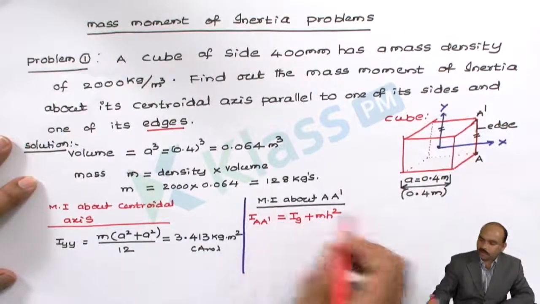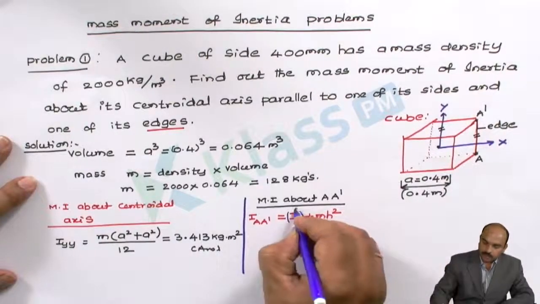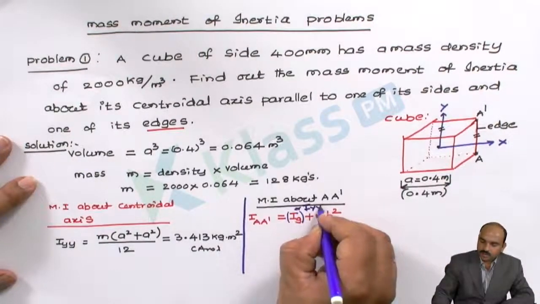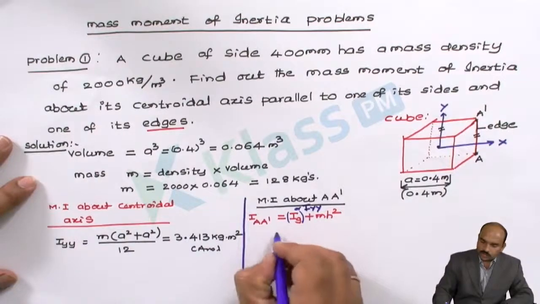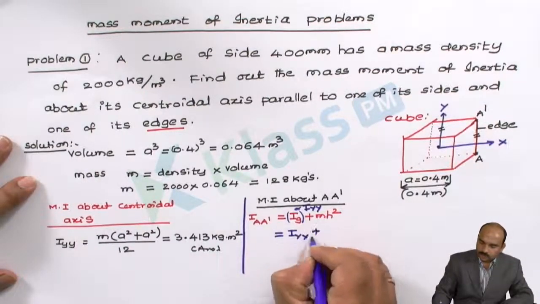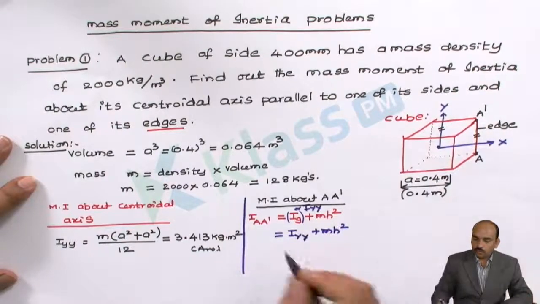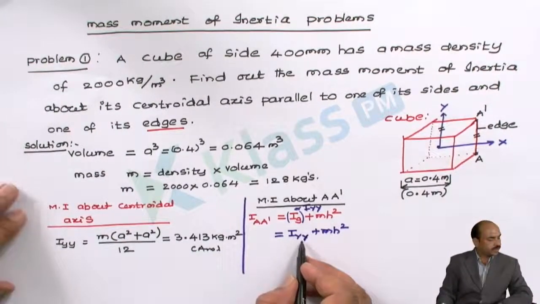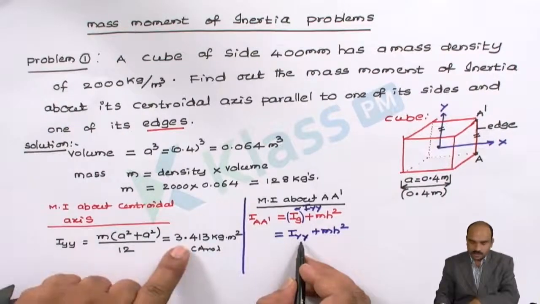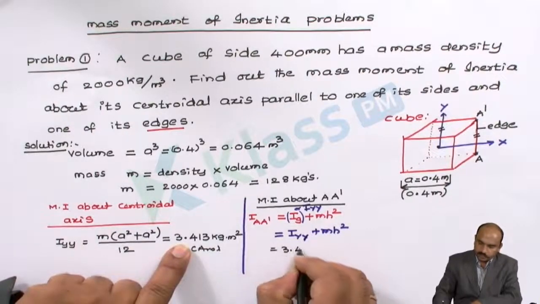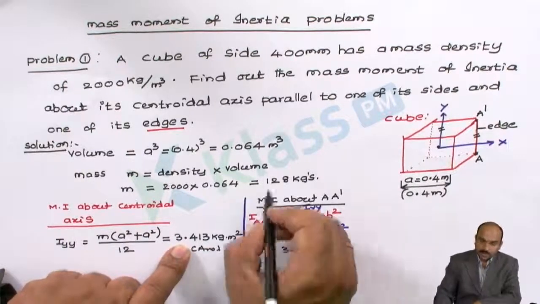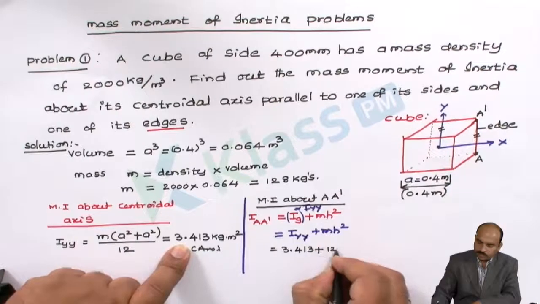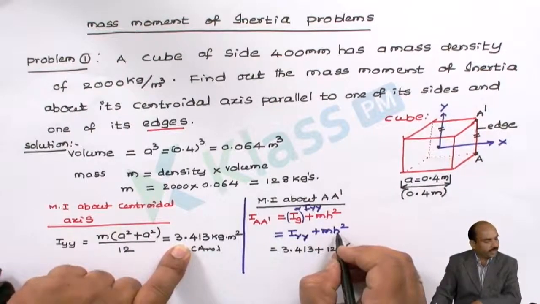Now we know the moment of inertia about the y axis, which we just calculated, that is 3.413, plus its mass, 128, into h square.